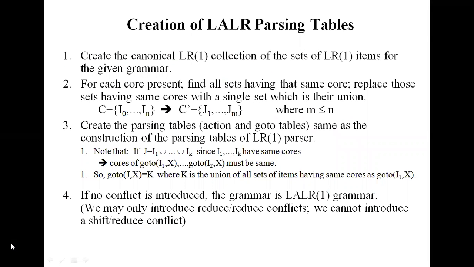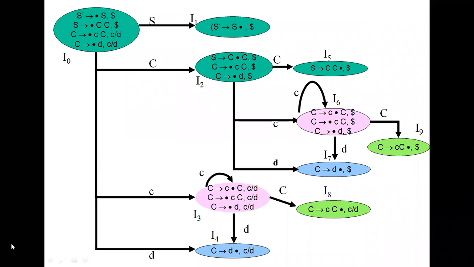Now I'm directly explaining this with an example. See, this is already computed. Go to the last class. For the construction of CLR, I considered the grammar S tends to CC, C tends to cC, C tends to d, right? For this grammar, now I am representing a table.